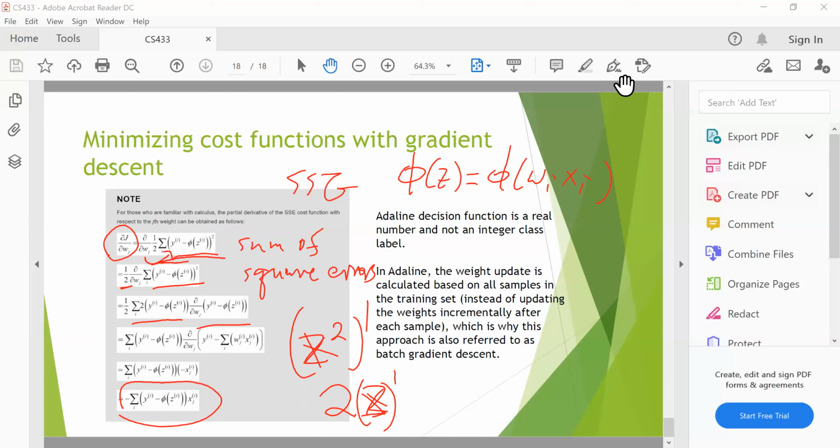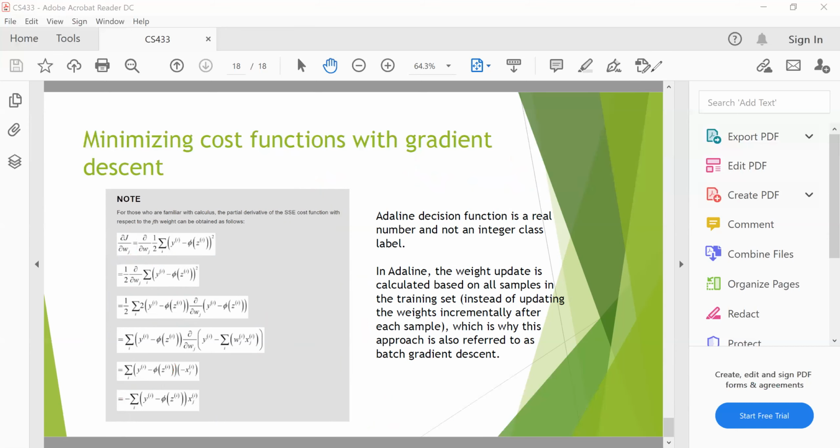Z is w times x, so when you take the derivative you just get the negative x_i. That's how you come with this result. In math, in calculus too, I believe you learn this. So that's all of the concept regarding Adaline.